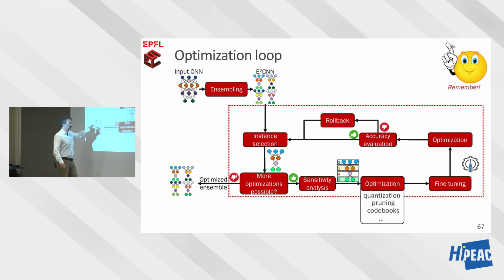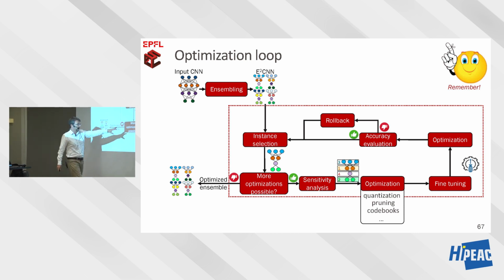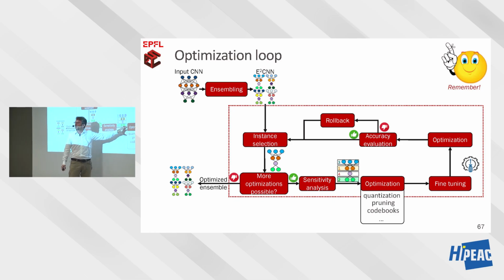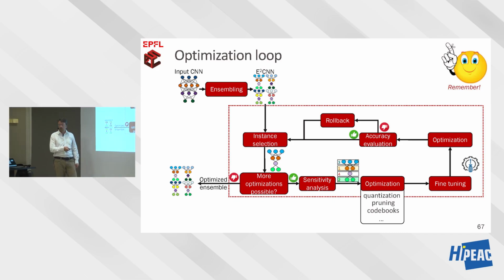And this then goes into an optimization loop in which one instance is taken one at a time, and from this instance we measure which layer is more robust towards optimization using some kind of sensitivity analysis. Then for that layer we can further optimize, and optimizing can be doing some quantization, some pruning, some codebooks.